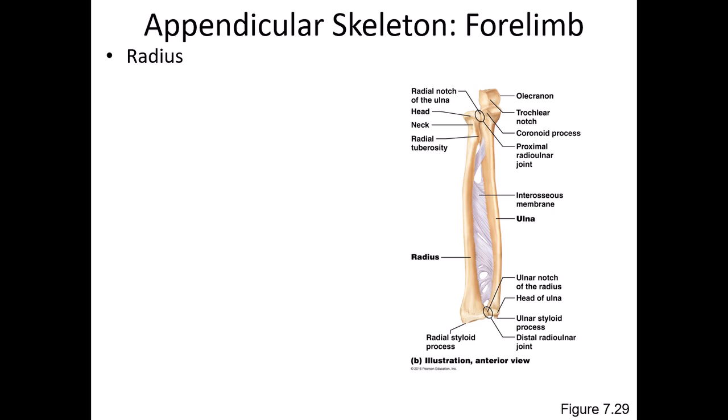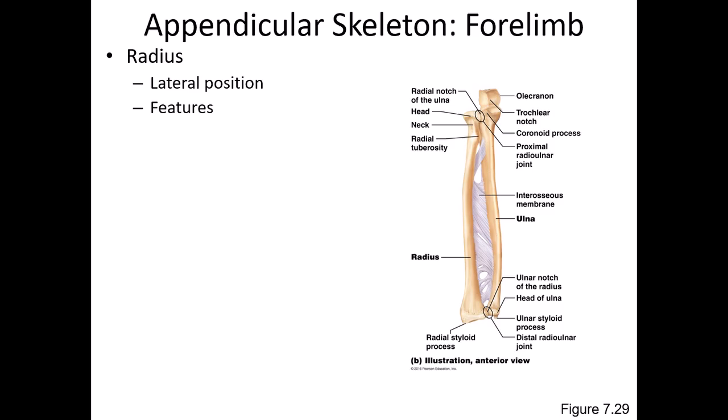The radius is the lateral bone of the forearm, and its proximal end is a big circle. And if you are familiar with the term radius as the distance halfway across a circle, that might help you remember that the radius is the bone that has the big circle at the end of it. It also has a radial tuberosity. Tuberosity is a bump that's on the proximal anterior side of the radius, and that's going to be for the insertion of your biceps brachii muscle.